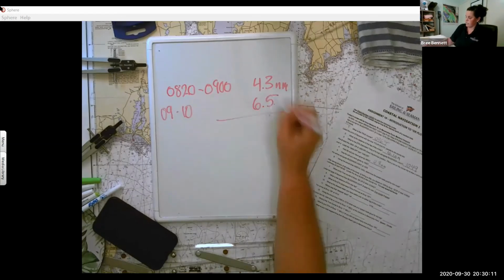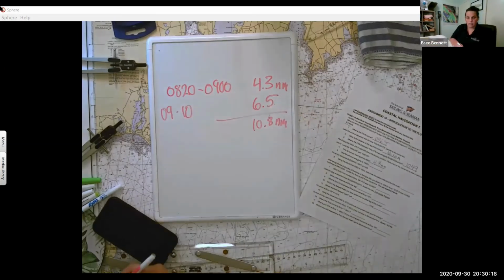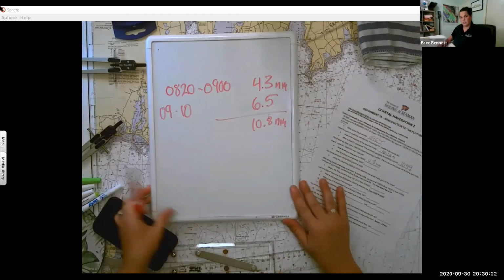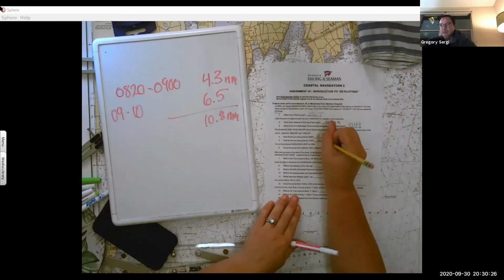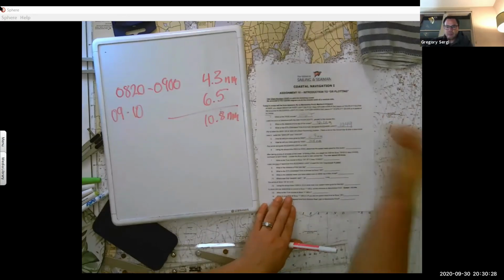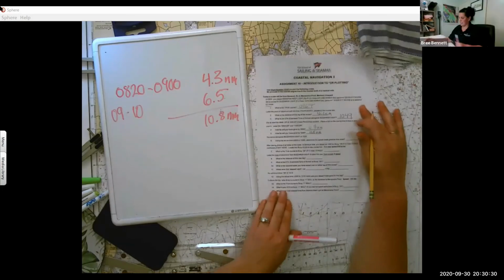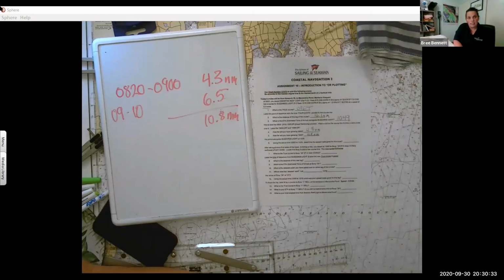My total distance so far would be 10.8 nautical miles. Does that make sense? Not really a shortcut, but we're just putting together the pieces here.